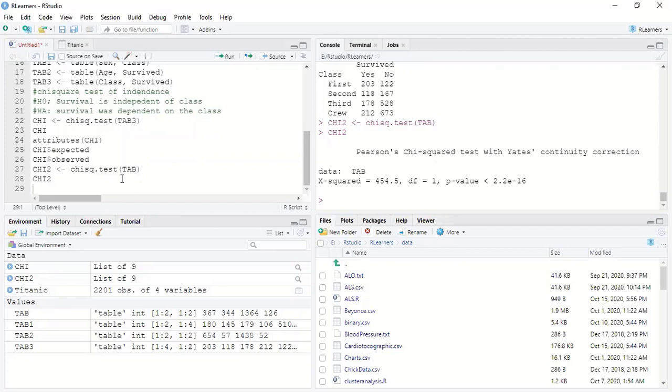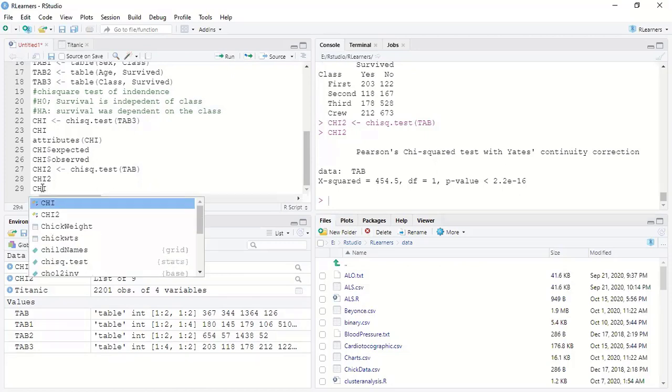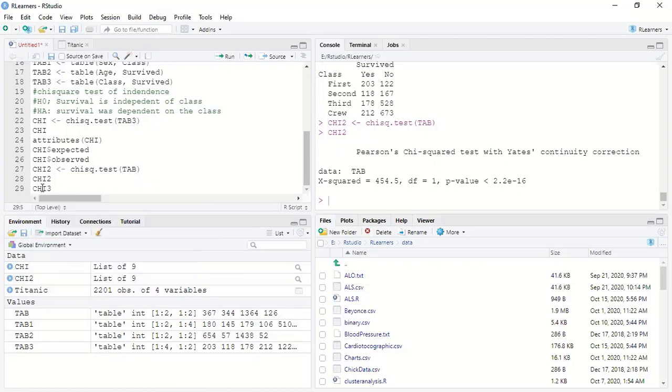Okay. You can check so many other things. Let's have another chi-square, chi3. You can explore your data as you want.